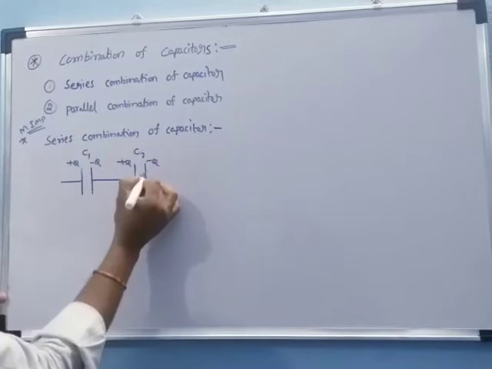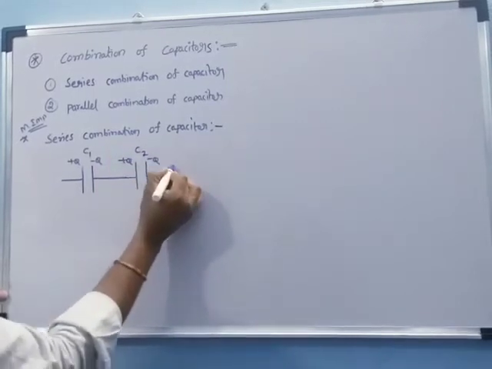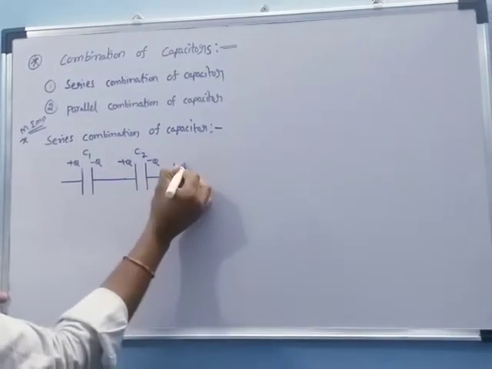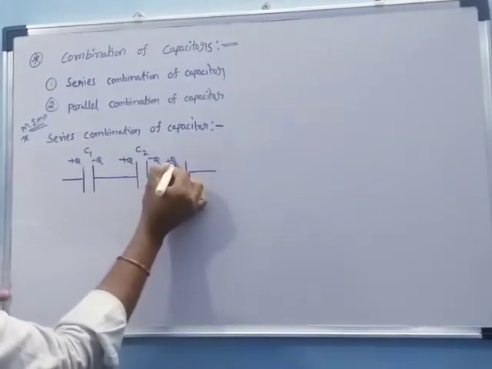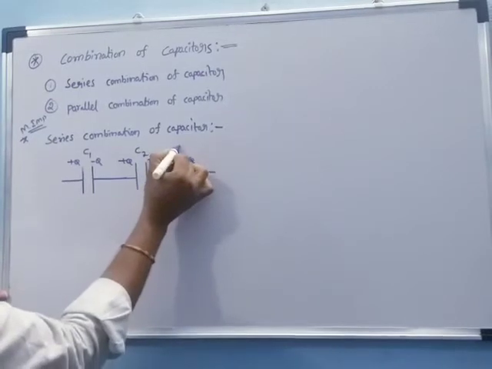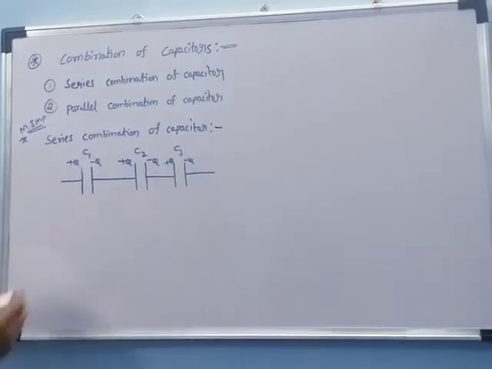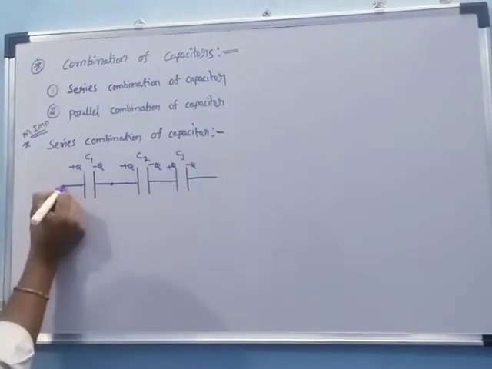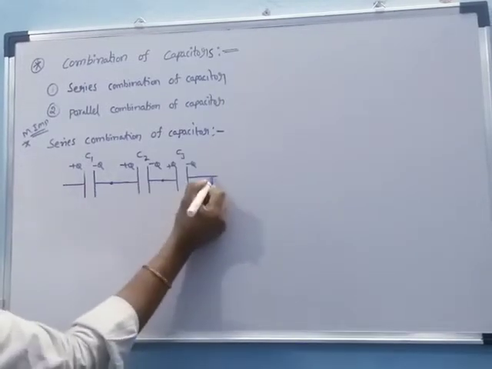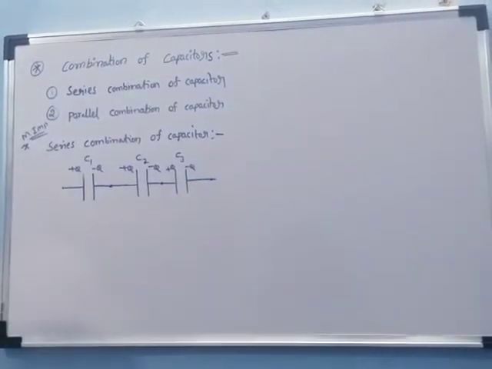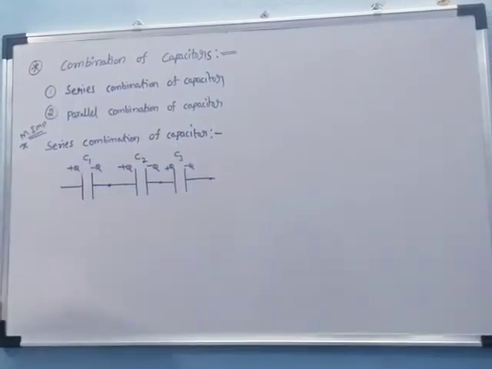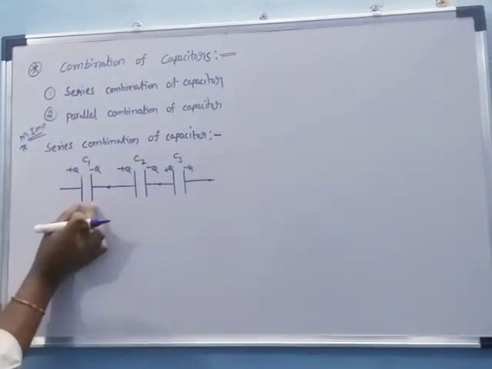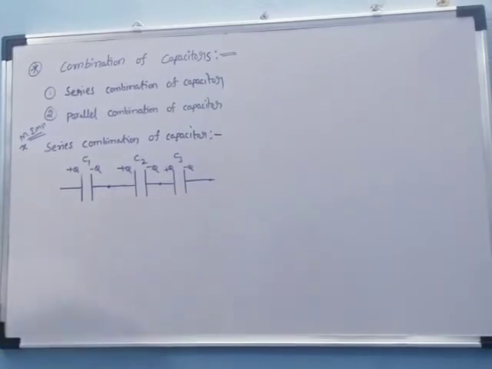It is connected to another capacitor, with capacitance C3. This is the first, second and third capacitor. Each capacitor has two plates.